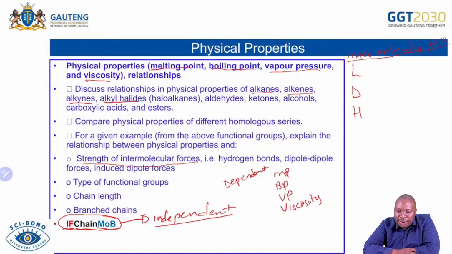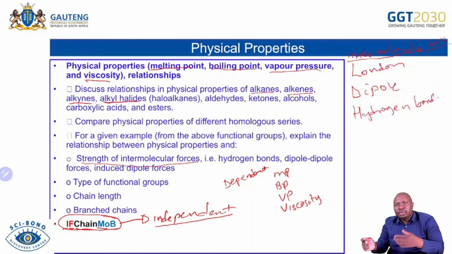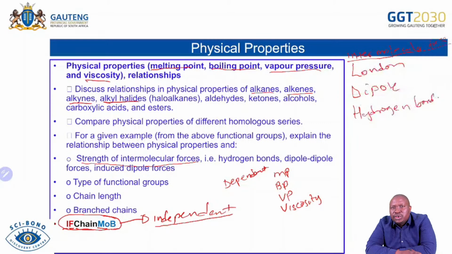Yes, so we are still busy with our physical properties, and I'm hoping that you are understanding that we are going to focus on intermolecular forces, which we said are three: our London force, our dipole, our hydrogen bond. So these are the forces that we find are holding these organic molecules together. So it's very important to know that the melting point, boiling point, vapor pressure, and viscosity depend on the strength.